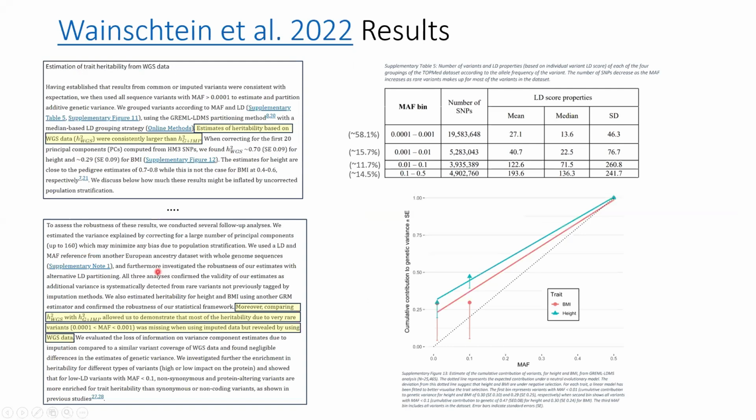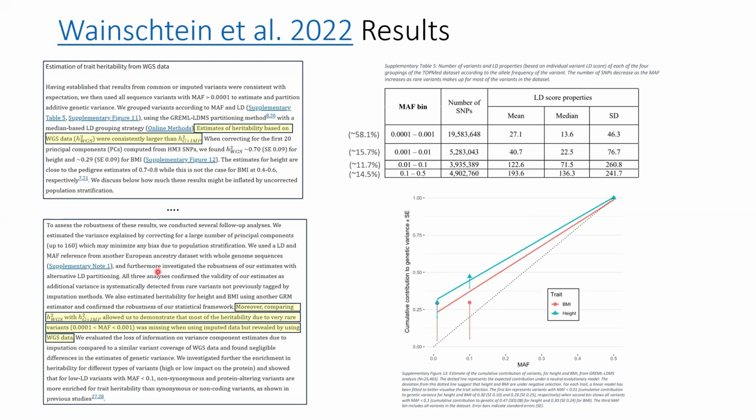And so my understanding is the focus is supposed to be on the methods, and so I'm not going to really talk too much about the interpretation, but one thing that I think is important is that they were specifically looking at the impact of using whole genome sequencing data for the heritability estimates. For comparison, they took some relatively more common variants that were present from the HapMap3 project, and essentially they did imputation as if they had a SNP chip that was only designed based upon the HapMap3 SNPs.